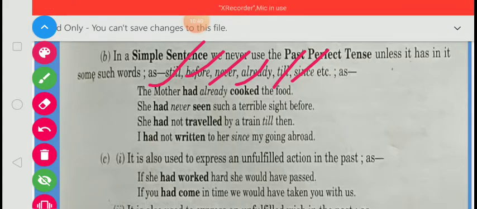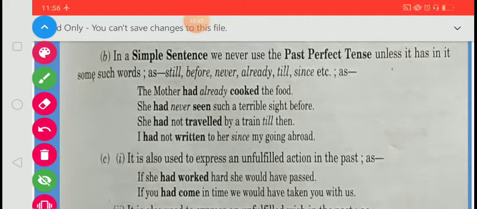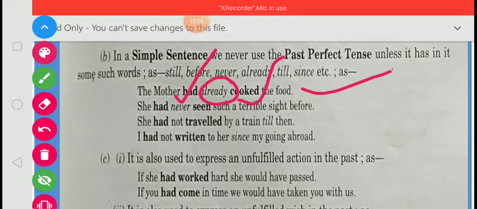Okay students, now let us go through examples. The mother had already cooked the food. So because of this word already, we have written it in past perfect tense. If there is no already, we will write: the mother cooked the food.